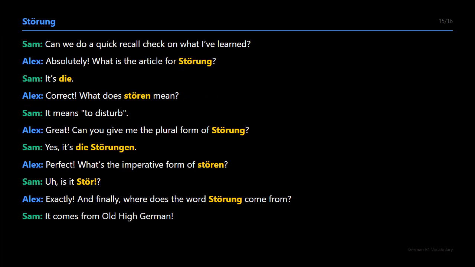Can we do a quick recall check on what I've learned? Absolutely. What is the article for Störung? It's die. Correct. What does stören mean? It means to disturb. Great.